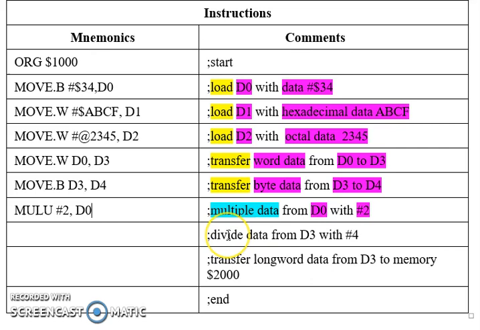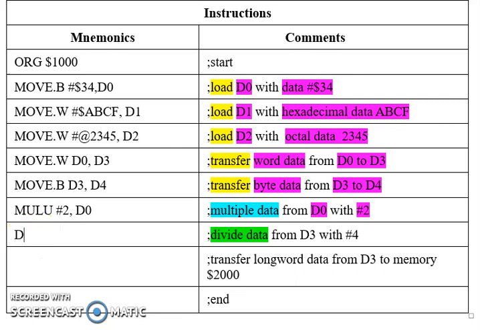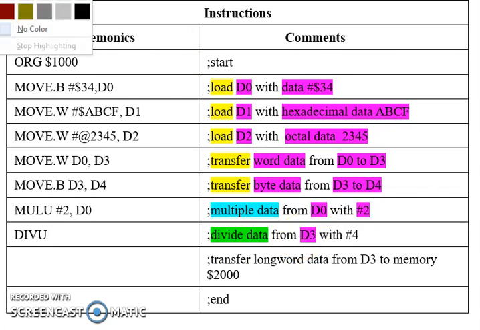Let's move on to the 8th line. This is divide data. When you see the word divide, it refers to DIVU. MULU and DIVU are the same. They don't have .b, .w or .l. DIVU data from D3 with decimal 4.